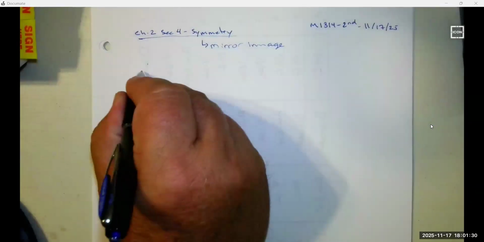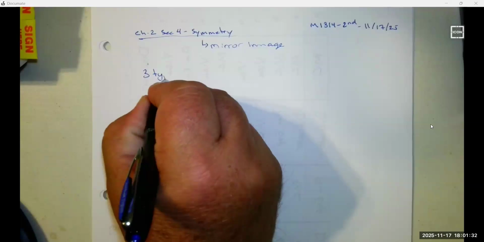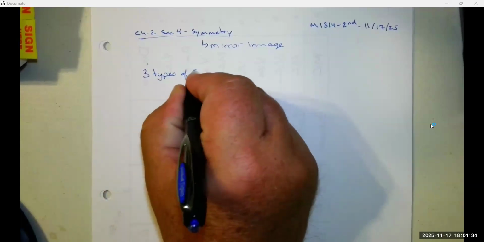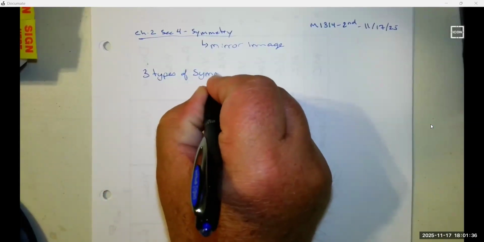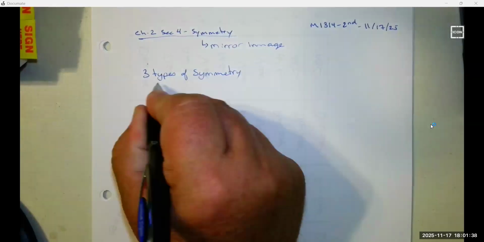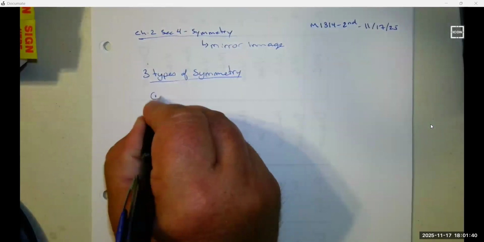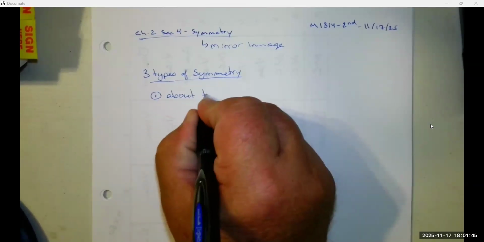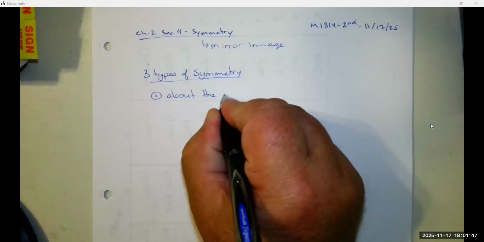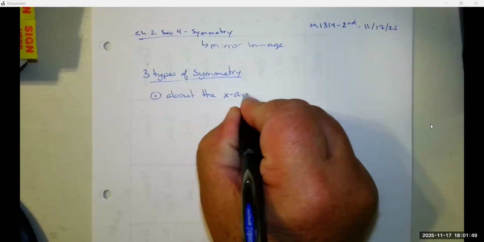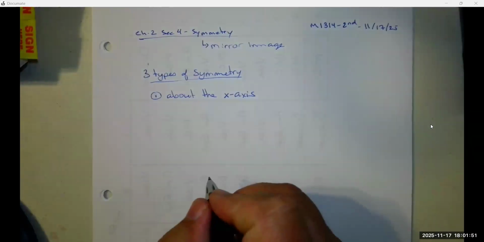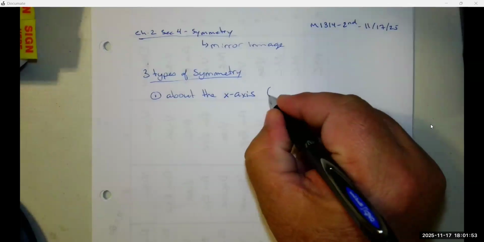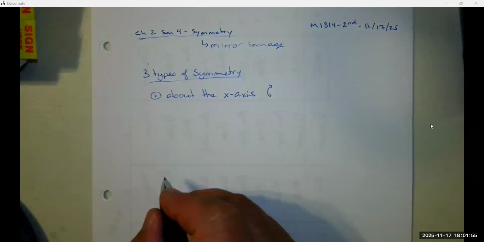We have three types. The first one is about symmetry about the x-axis. Now, that's vertical, up and down.